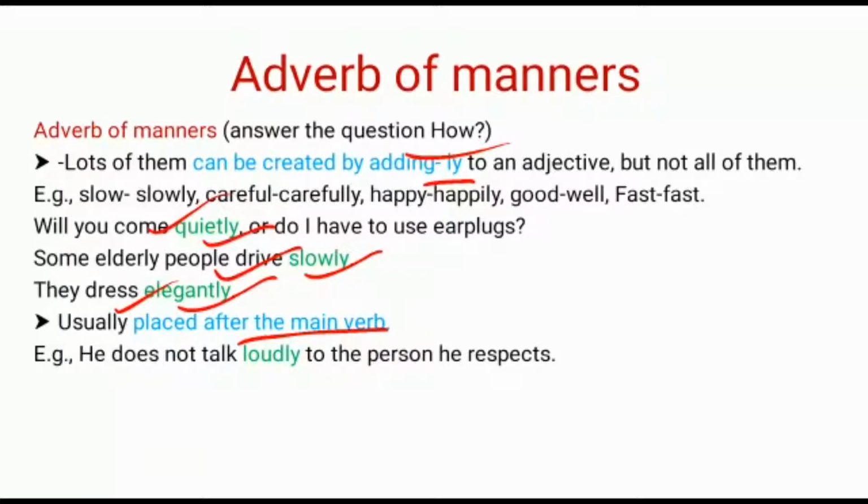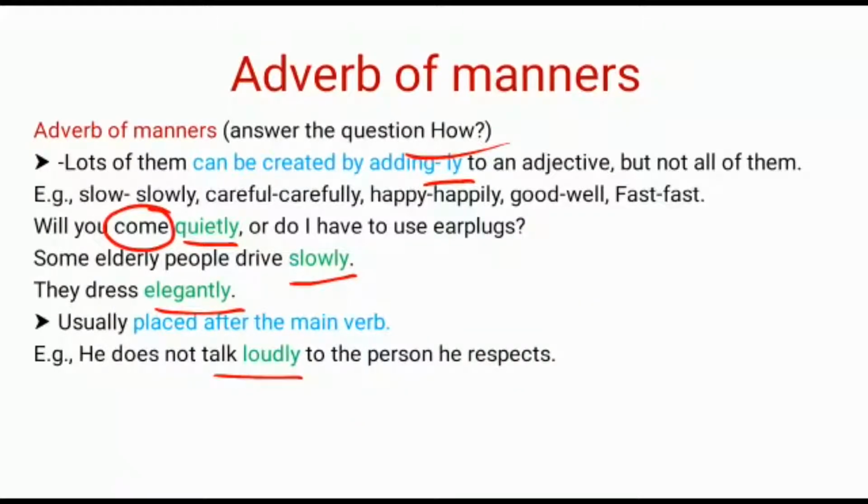As you can see in all these examples, come quietly, drive slowly, dress elegantly, talk loudly. So you will notice that all these adverb of manners, they are placed after the main verb come, drive, dress and talk. So I hope you have understood what is an adverb of manners.